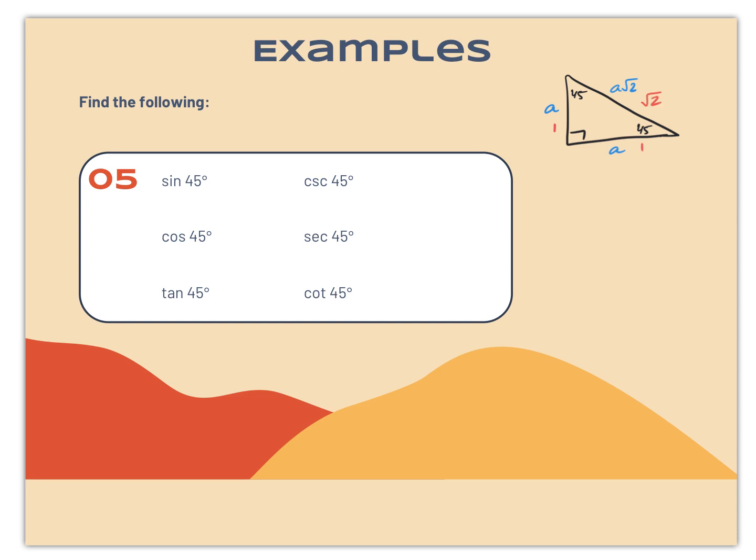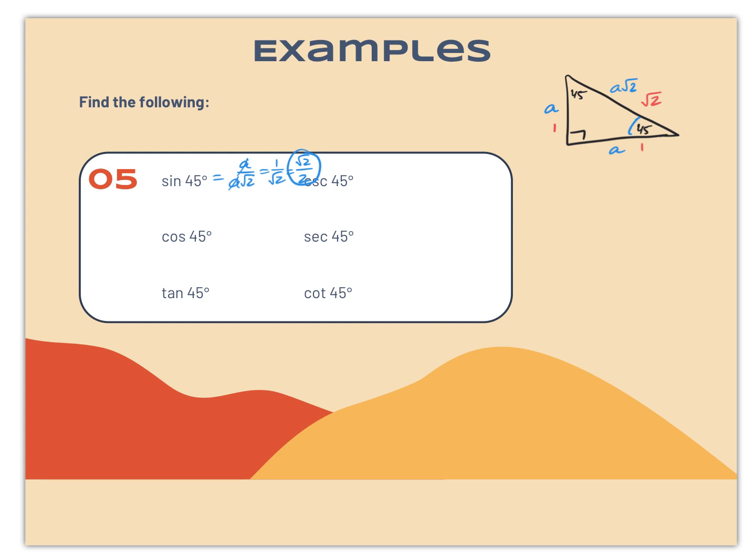And so again, when I'm finding the sine of 45, I could pick any one of the 45 degrees. They're the same, right? But let's just say this one. It's opposite over hypotenuse, so it's A over A radical 2, which means these are going to cancel, and it's going to be 1 over radical 2, which simplifies to radical 2 over 2. So that's my answer.